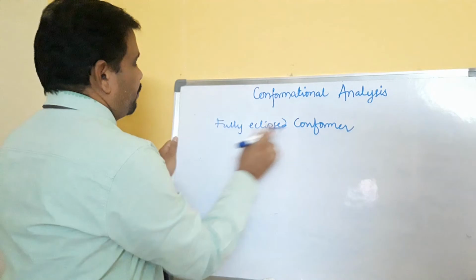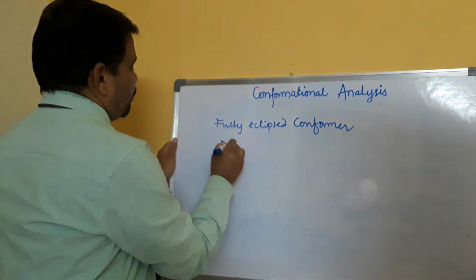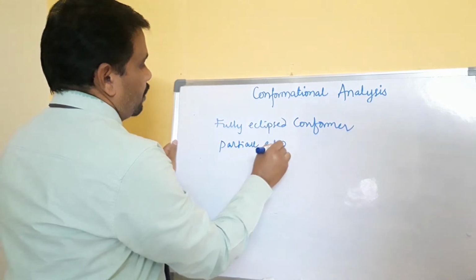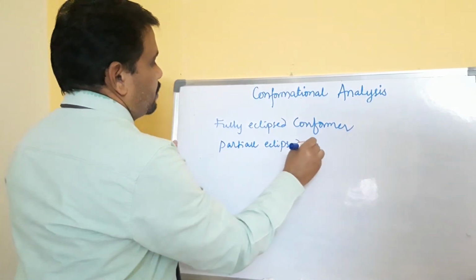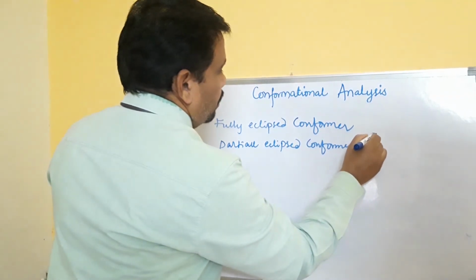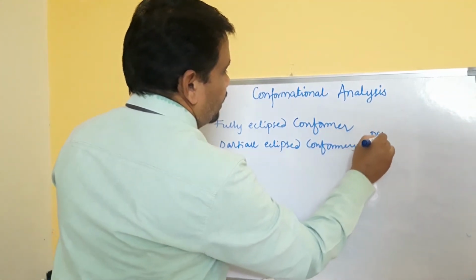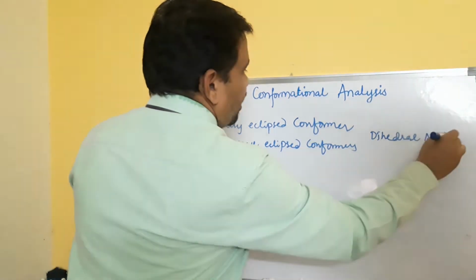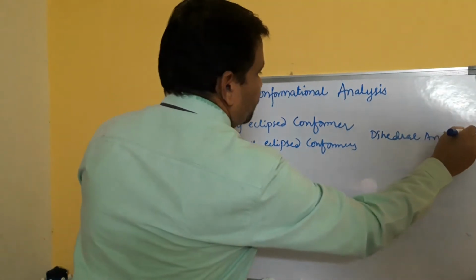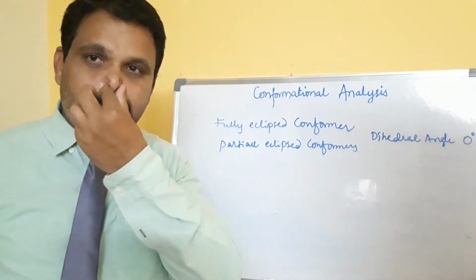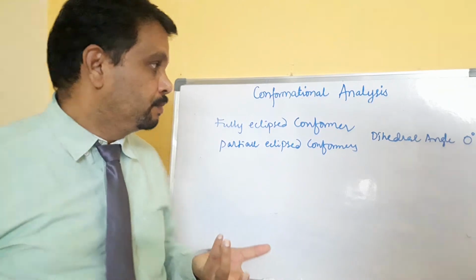Then there are the partially eclipsed conformers. Both have a dihedral angle of 0 degrees. Therefore, they can be considered as eclipsed conformers.